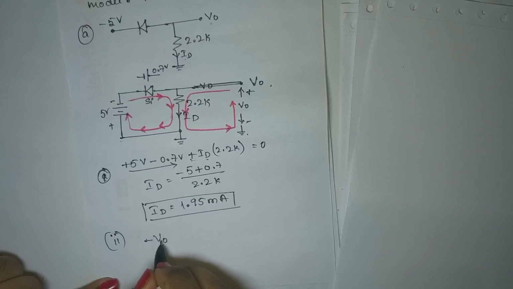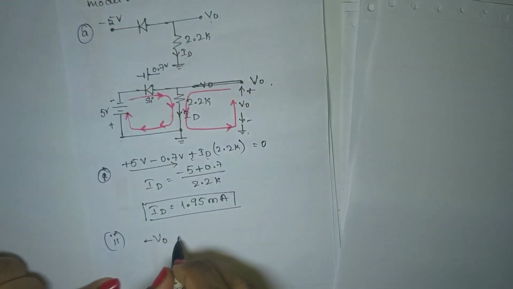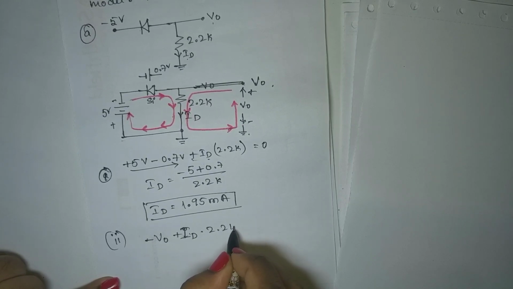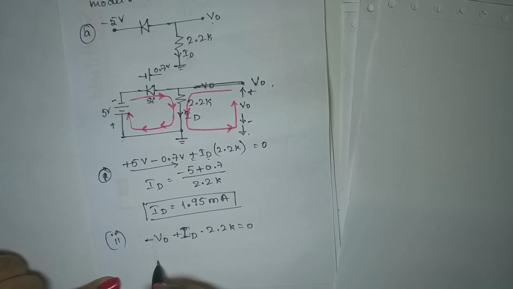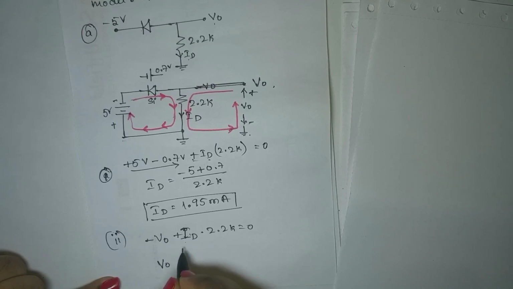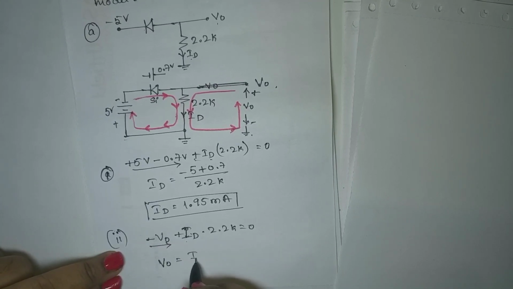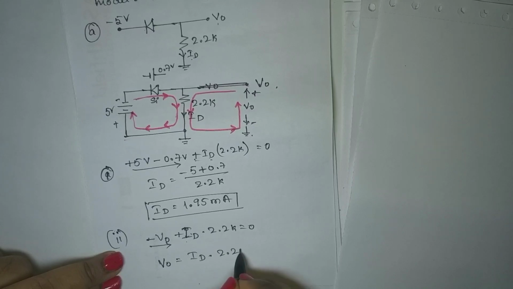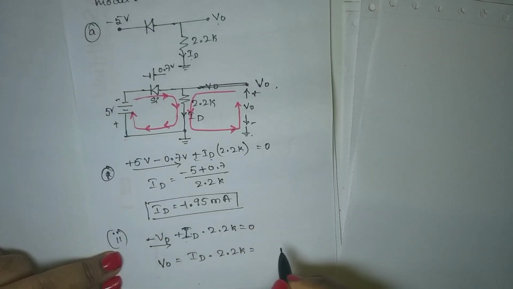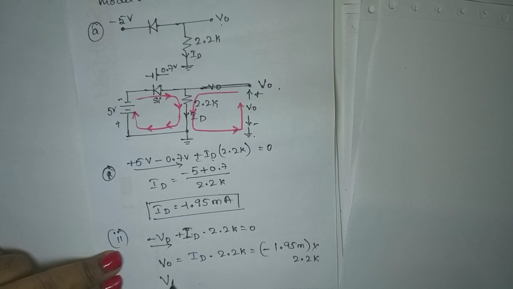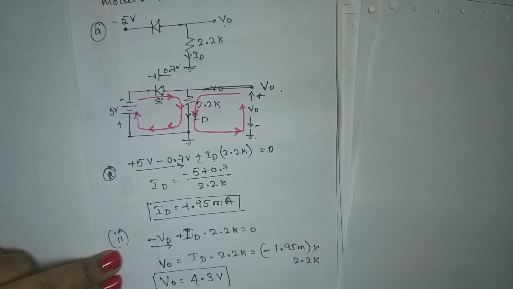So minus V naught plus ID into 2.2K equal to 0. So we know ID, we need to find V naught. Let me push this to the other hand side. So V naught is equal to ID into 2.2K, which is minus 1.95 milli into 2.2K. V naught value will be equal to 4.3 volts.